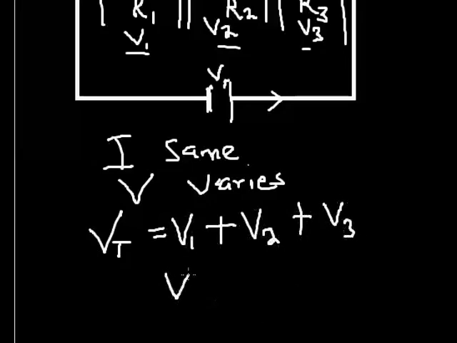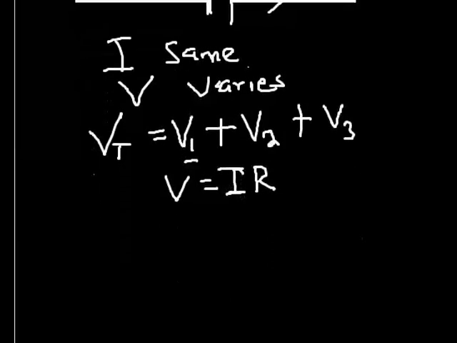Remember Ohm's law. According to Ohm's law, V is equal to IR. I hope you can still remember this. And don't forget that the current across all of them is the same. Okay, so now I have to substitute.